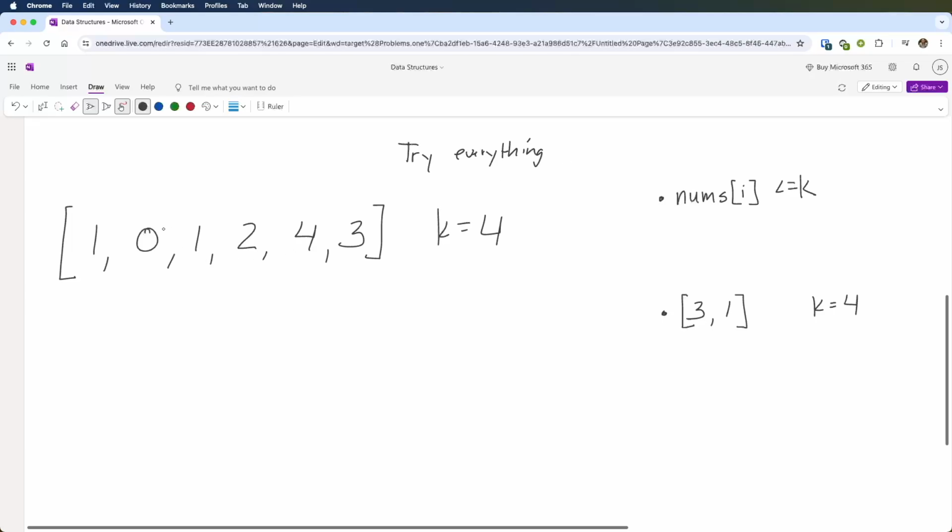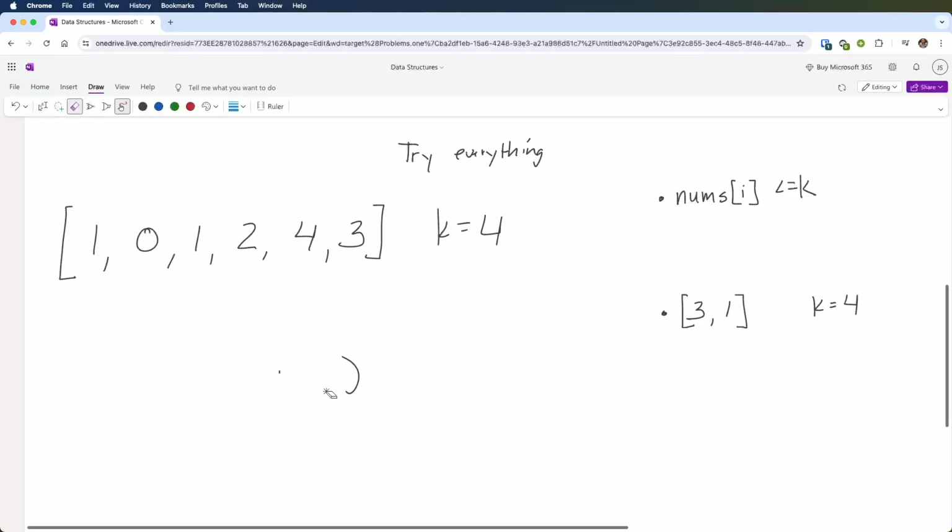We want to try, for example, changing all these pairs to equal 0, all the pairs to equal 1, all the pairs to equal 2, and see what's the minimum. Obviously, this would be pretty inefficient, because our k can be the same size as n, so that would be an O(n squared) solution. But using some clever optimizations, we can make this work.